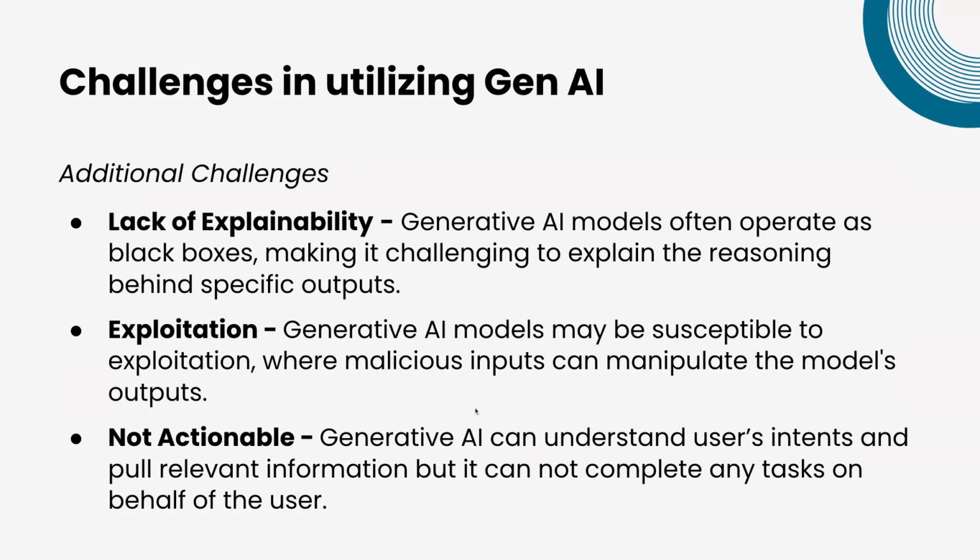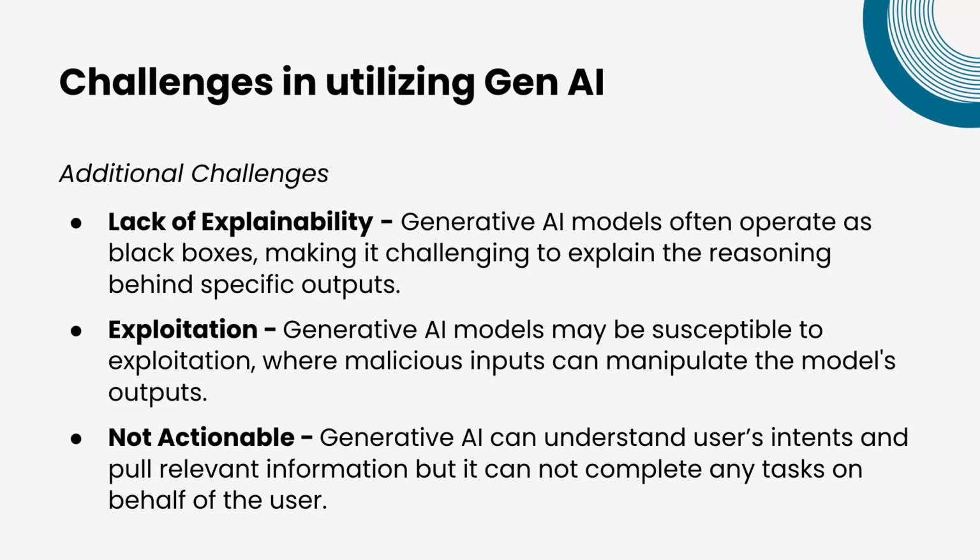And then additional challenges that we've faced over the past year that I wanted to go more into depth on is lack of explainability. A generative AI model, because it's trained on so much data and because of the nature of this technology, often operates as a black box for us.